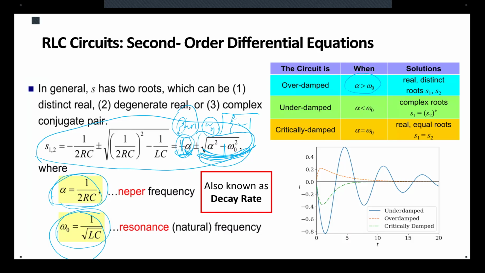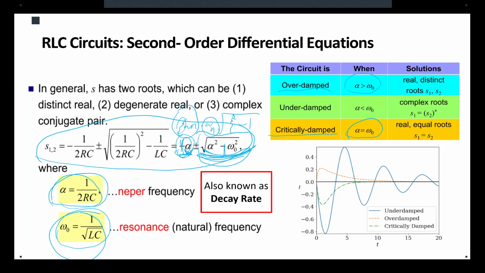So we are going to have two zeros, both of them real. We call this overdamped. If those two are equal to each other, the square root becomes 0. So both of the zeros are going to be equal to minus alpha. So you have two real repeated zeros. We call this critically damped.